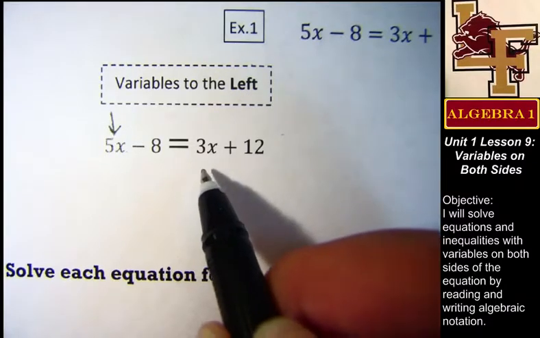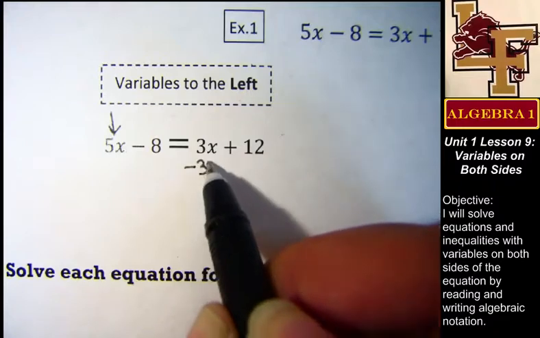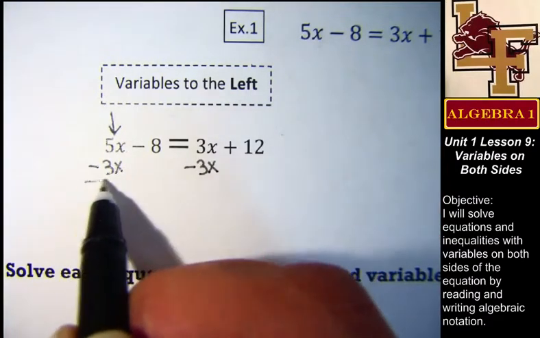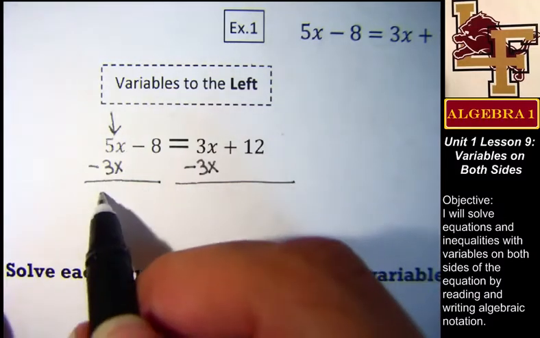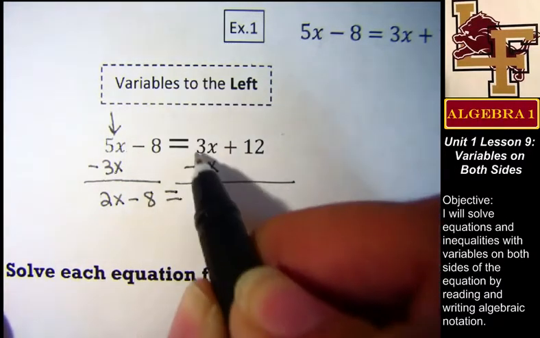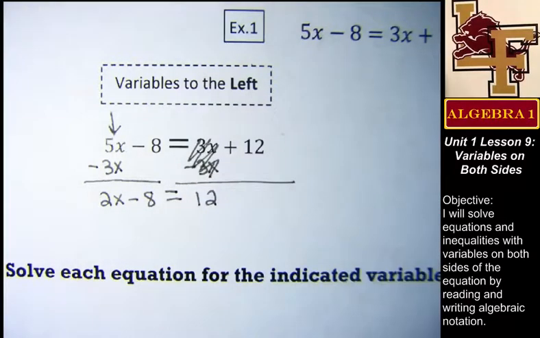So to undo addition, I'm going to use subtraction. So I'm going to subtract 3x from both sides. Notice how I'm lining up your like terms. Over here, I'm going to be left with 2x minus 8. There's my equal sign. The 3x's cancel. And on the right, I have a 12.